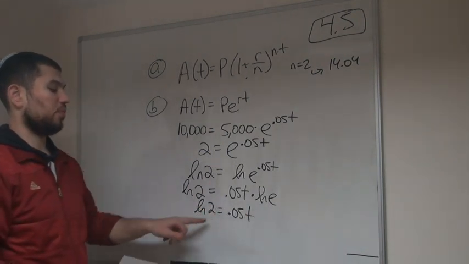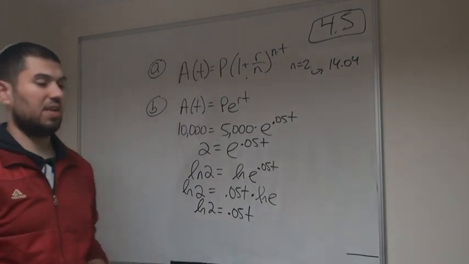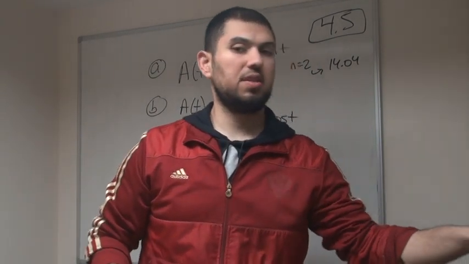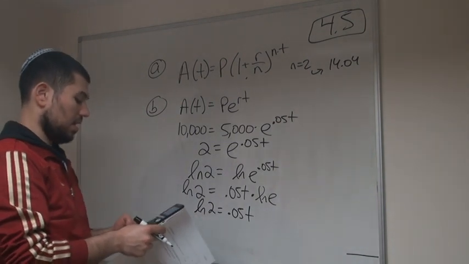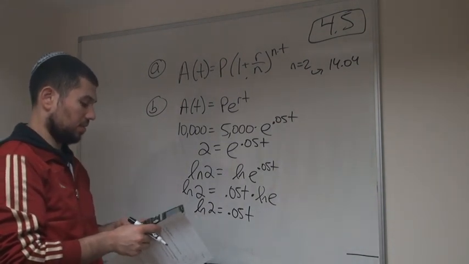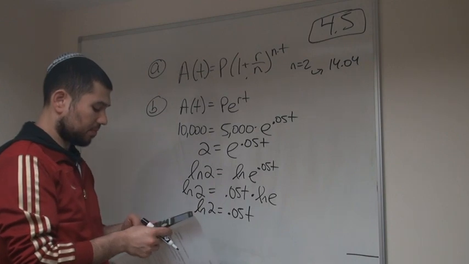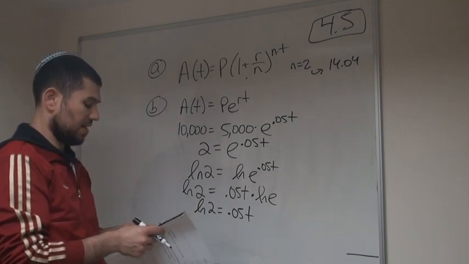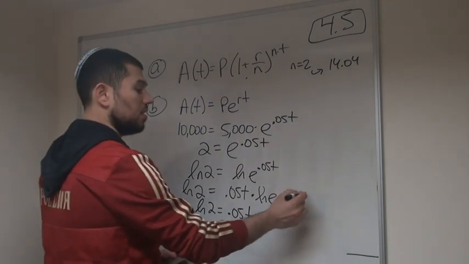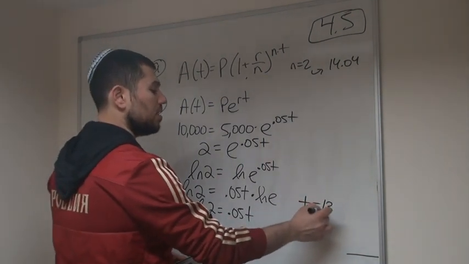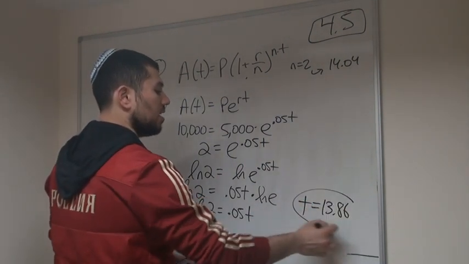If I divide both sides by 0.05 and find the ln of 2, I can solve for t. So let's see what that's going to give us. The ln of 2 is 0.69. Divide that by 0.05. 13.86. So t is 13.86.